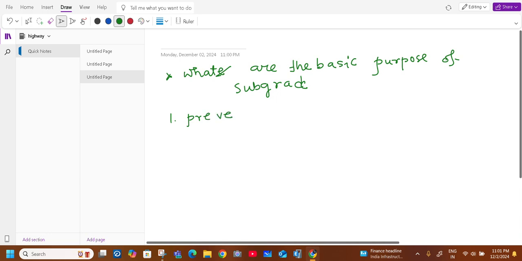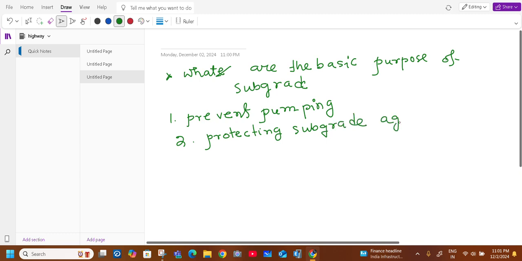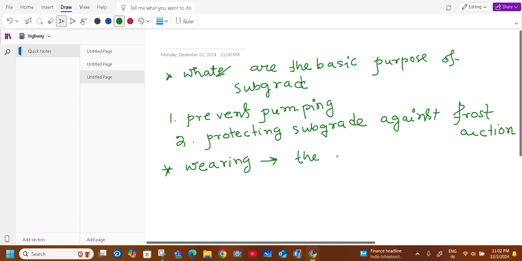Prevent pumping, against frost action, and for wearing coats, it gives the impermeability.